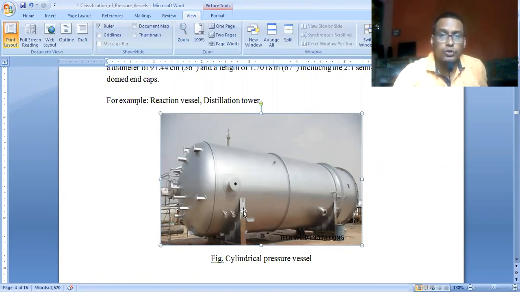These are the supports provided here, and they are less expensive. However, at the joint where they change from the cylindrical section to the spherical section or head section, this is the weakest part of the cylindrical vessel.